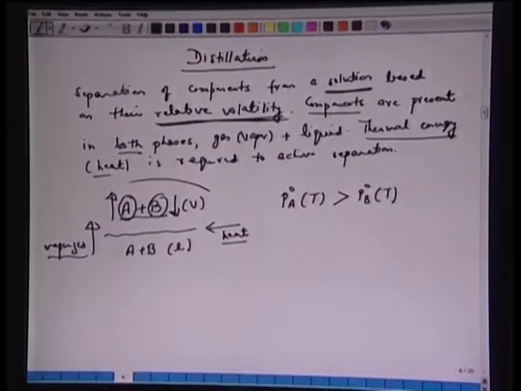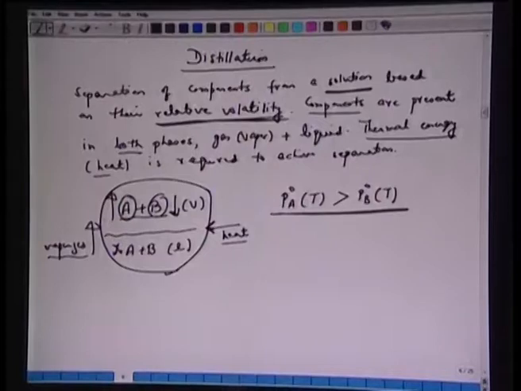We take this mixture of A plus B, give them heat, energy, make use of difference in the relative volatility or the vapor pressures to achieve the separations from one level, say Y1 or X1 to in this phase which is rich here, maybe Y1 is much larger than X1. Okay.